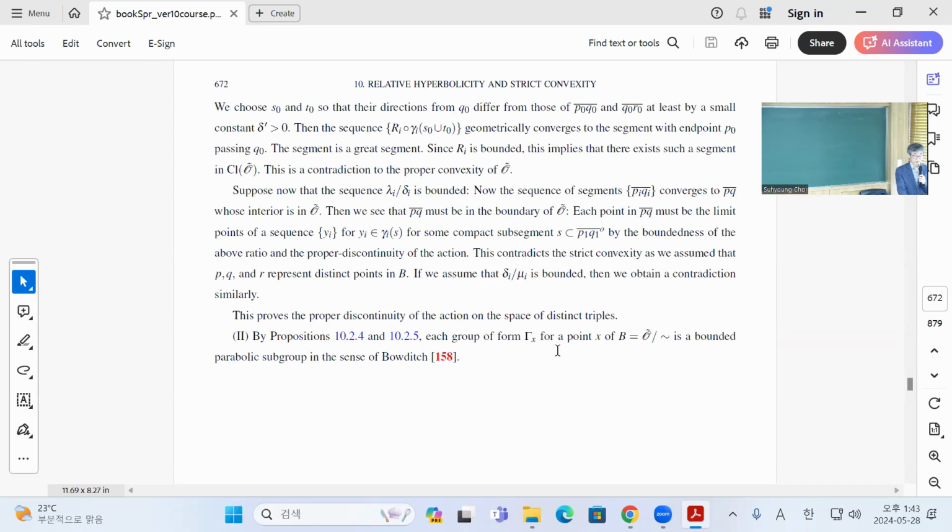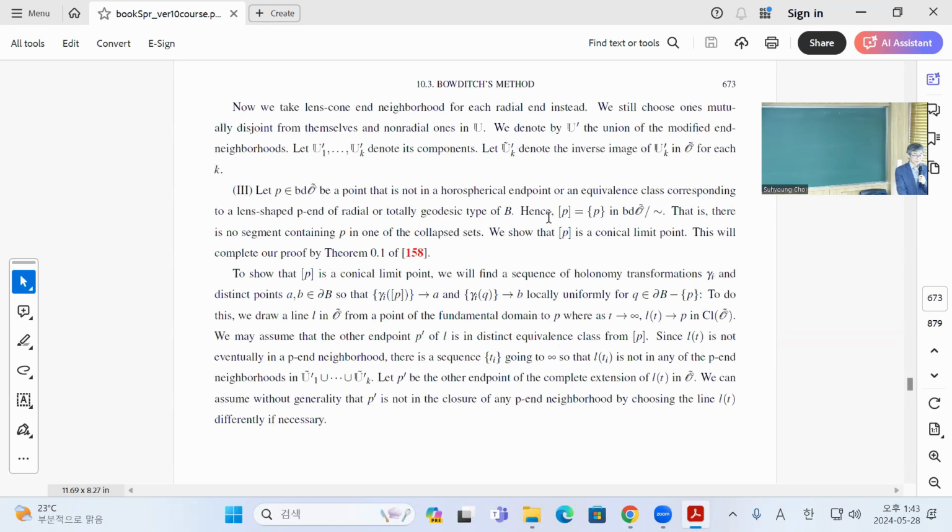I mean parabolic subgroups. So this works. And then for three, we show that any point that's not horospherical or lens-shaped, or these type of fixed points, is a conical limit point. So then this will complete the proof by this theorem.